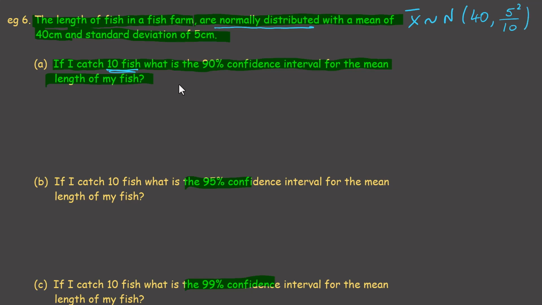That means that the standard deviation is 5 over root 10, which we could write as 5 over root 5 root 2, which is root 5 on root 2, which is root 10 on 2. And we'll use that throughout the question.